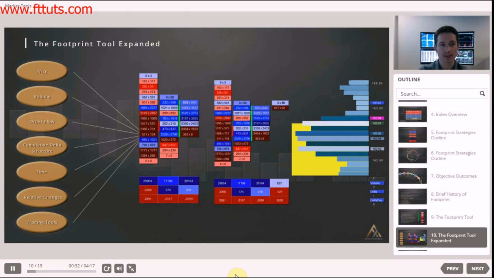Note, these rotations can be based on time, or they can be based on a certain number of ticks within a rotation. Again, as we go through the tool in Unit 2, you'll understand a little bit more about the various options you can choose with regards to the trading tool. So the first thing to look at is that the footprint shows us what is occurring at each price.